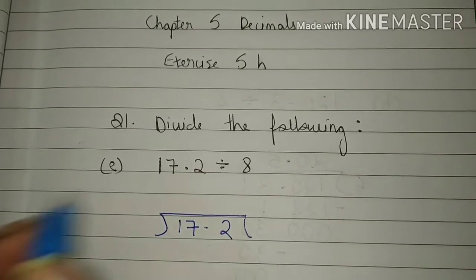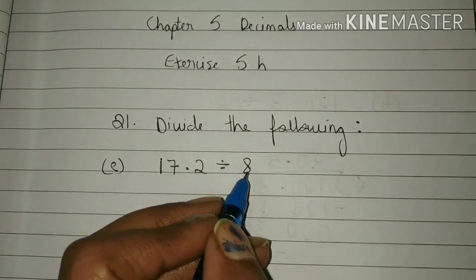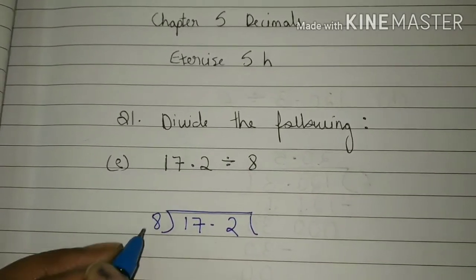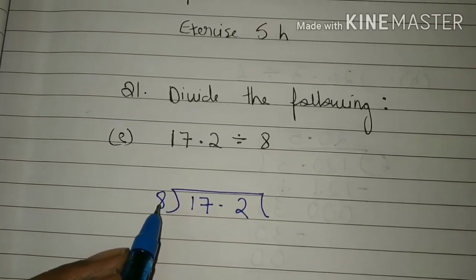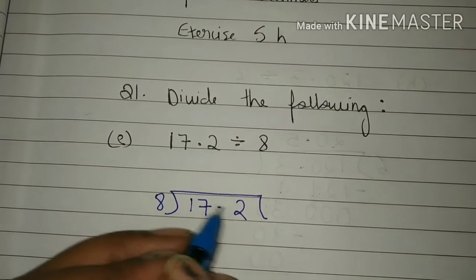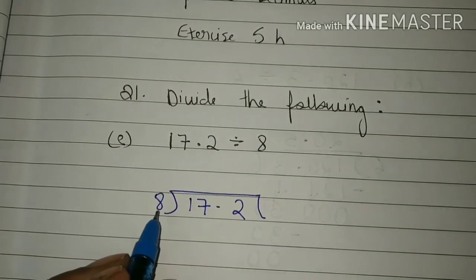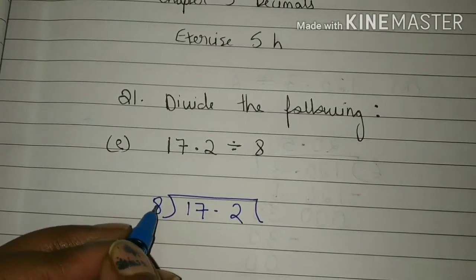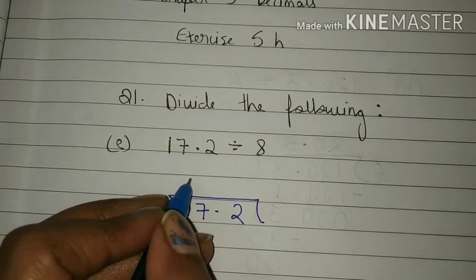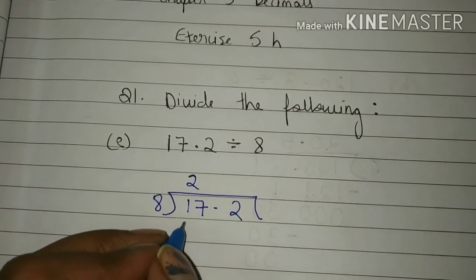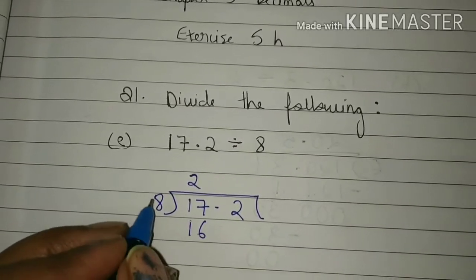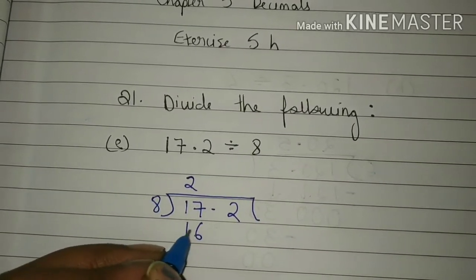Now students, we will write 8 here. Now we are going to divide 17.2 by 8. So 8 2s are 16. So we will write 2 here and 16 here, because 8 2s are 16.